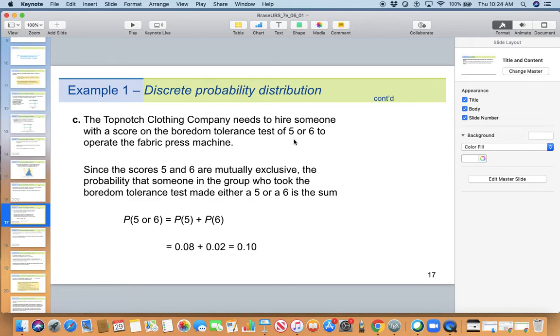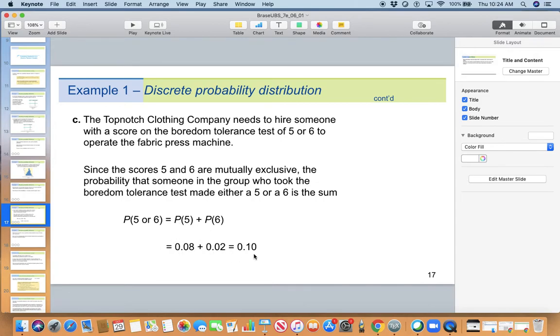So 5 to 6. Since the scores 5 and 6 are mutually exclusive, the probability that someone in the group who took the boredom tolerance test made either a 5 or a 6 is probability 5 or 6. It is probability 5 plus probability 6. These are the numbers each.